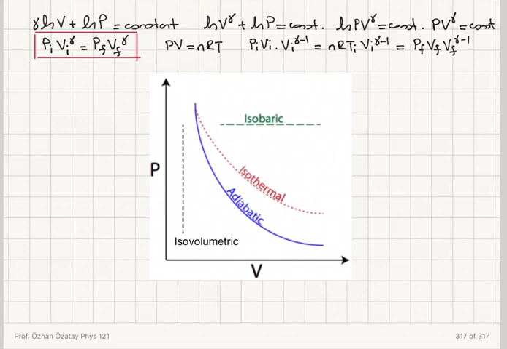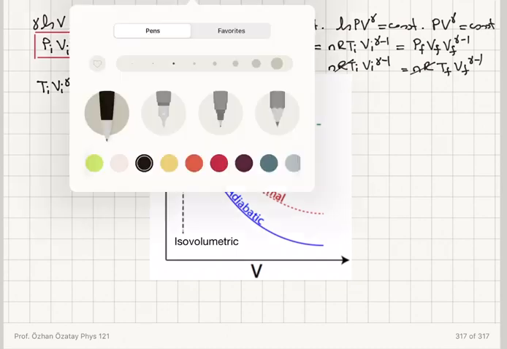So this will give me nRT initial V initial to gamma minus 1 is nRT final V final to gamma minus 1, and the R's will cancel, so I will find that I also have temperature, initial volume to gamma minus 1 is final temperature, final volume to gamma minus 1.